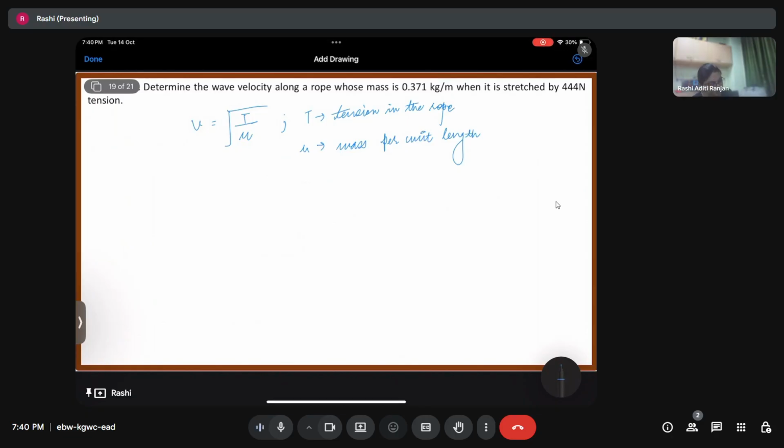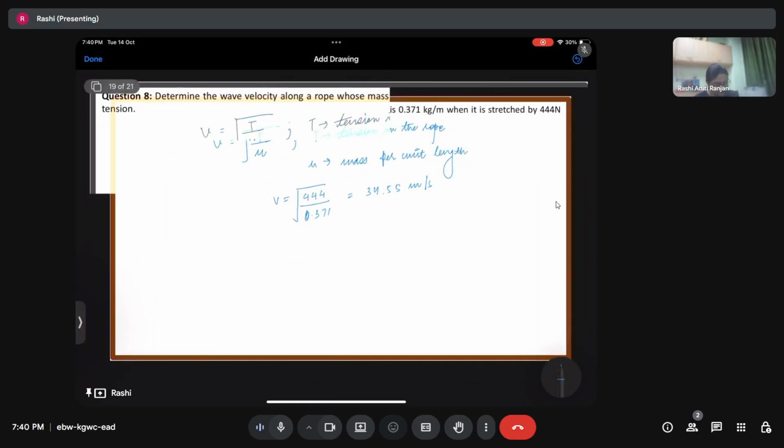So we just need to put the values: 444 divided by 0.371, which will give us 34.55 meter per second. This is the wave velocity. So this question was just a simple question, just a numeric value you need to find out. That's it.